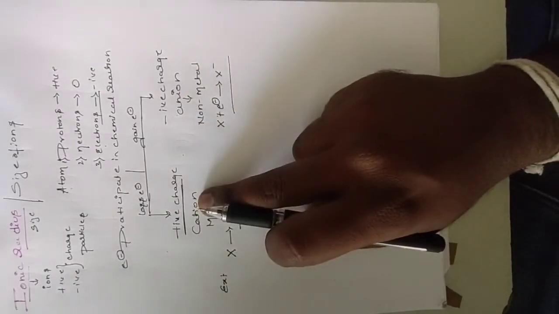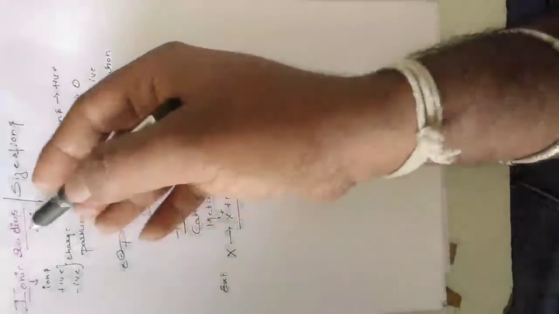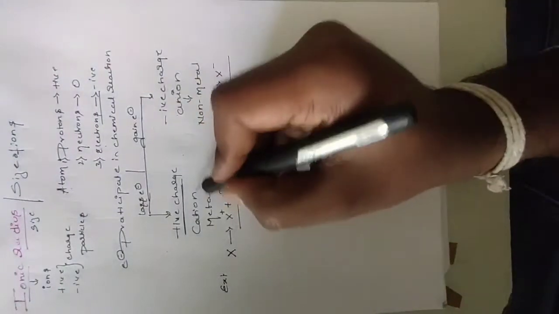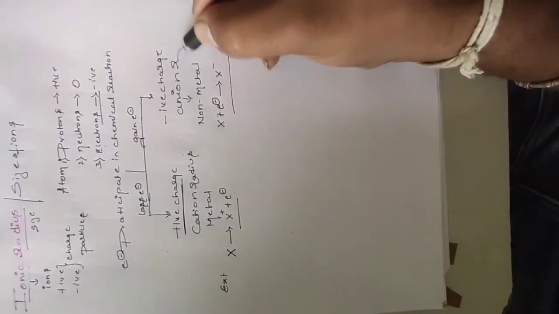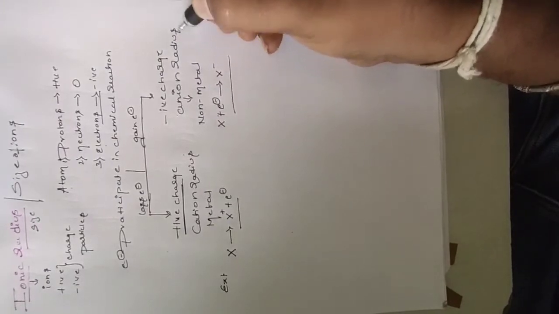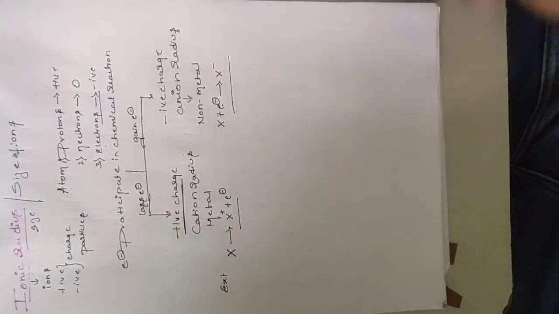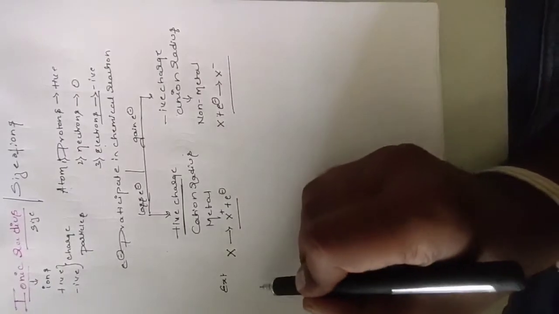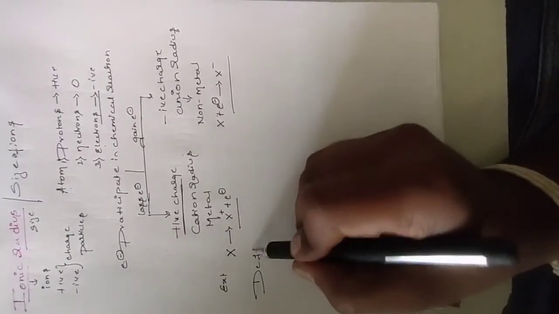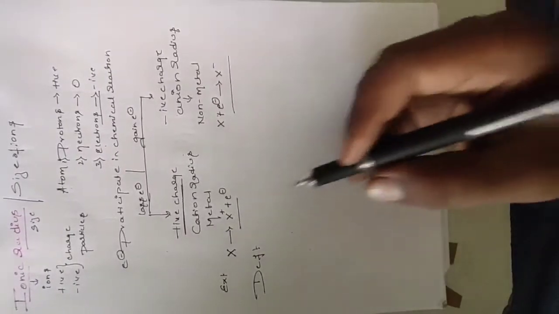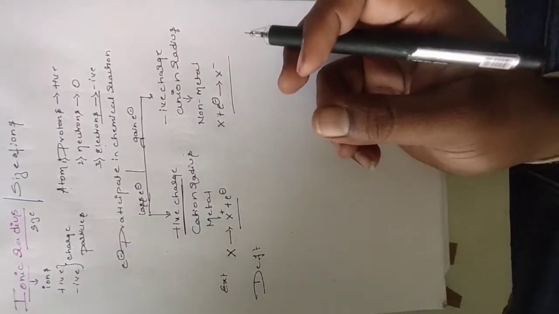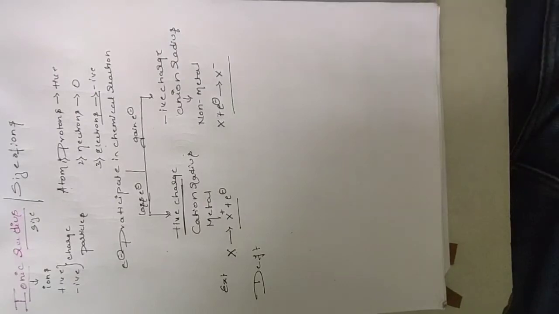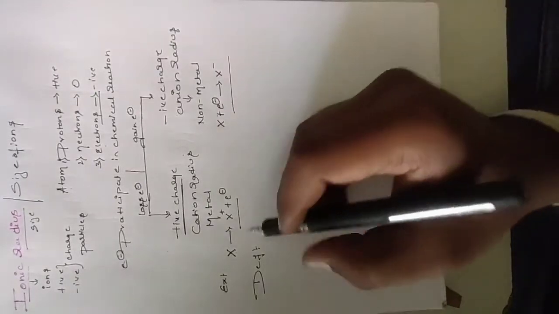Now we talk about cation radius and anion radius, because it is ionic radius. Next, the definition of ionic radius.